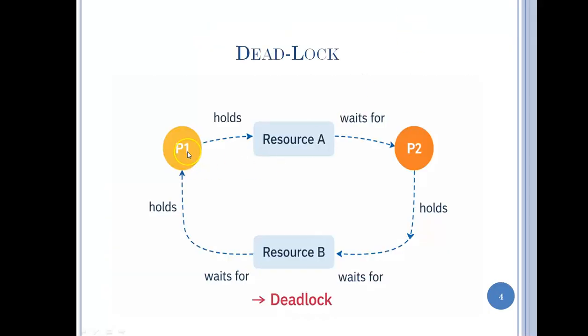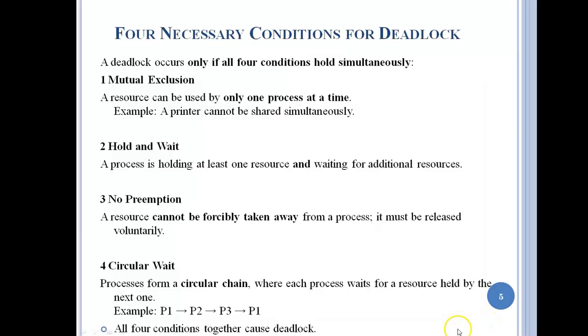This diagram will give you a clear representation, where we can see that process P1 holds resource A and waits for resource B, whereas process P2 holds resource B and waits for resource A, and hence the deadlock occurs.